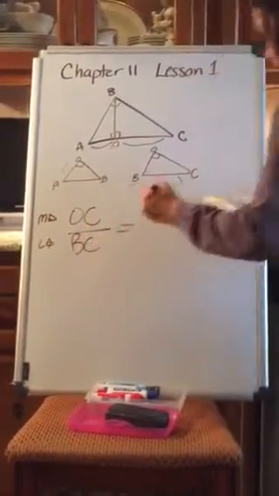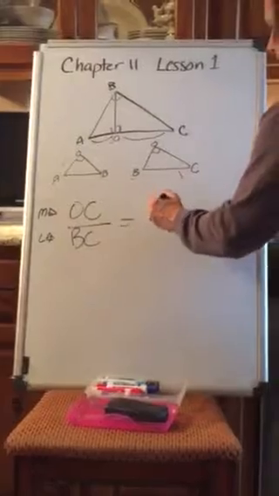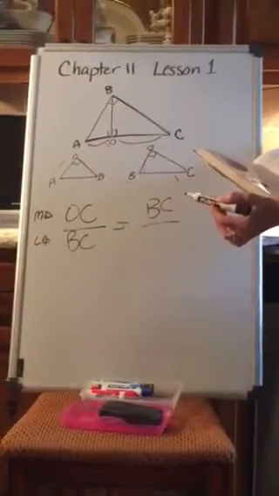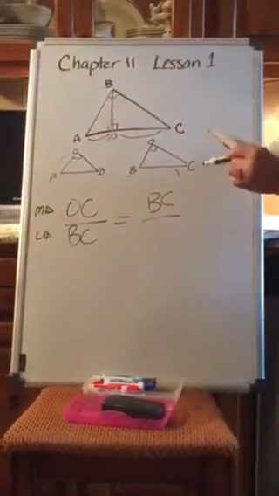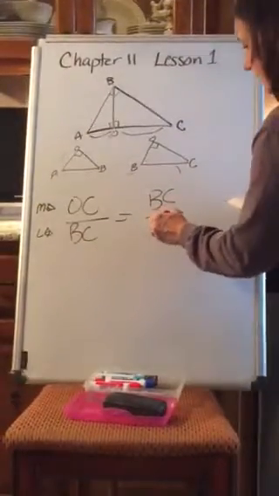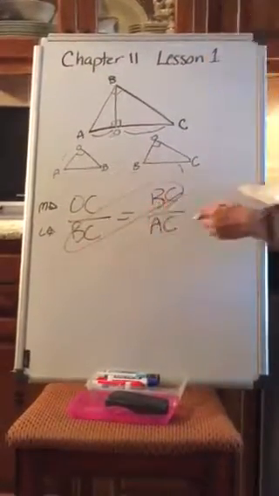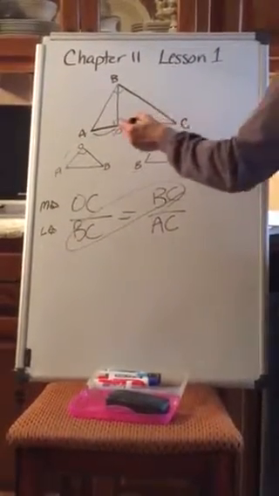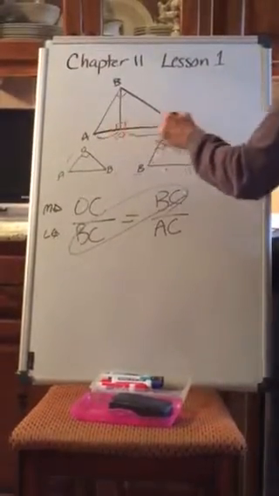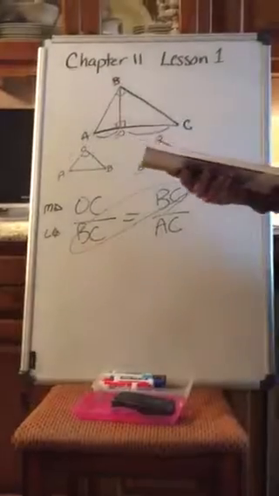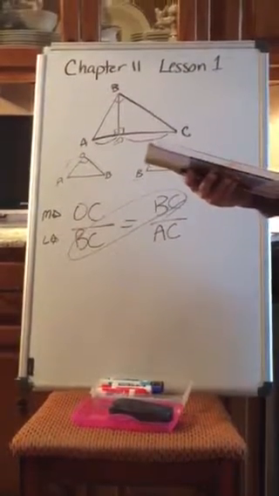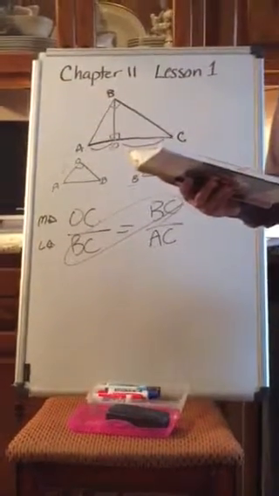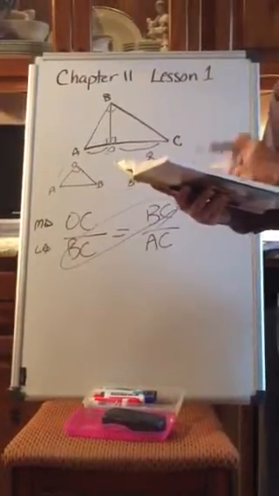So that ratio should equal BC, the hypotenuse in the medium triangle, over AC, the hypotenuse in the large triangle. And you can see that BC in the large triangle is the geometric mean between OC and the entire hypotenuse. That's what Corollary 2 to Theorem 49 says: each leg of a right triangle is the geometric mean between the hypotenuse and its projection on the hypotenuse.